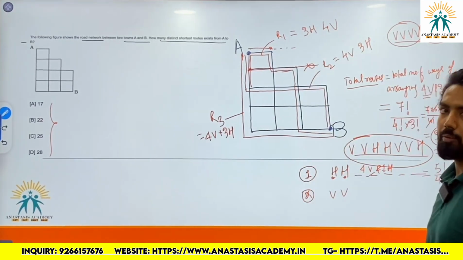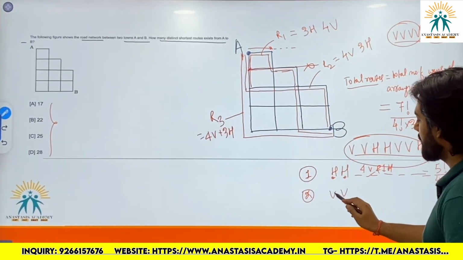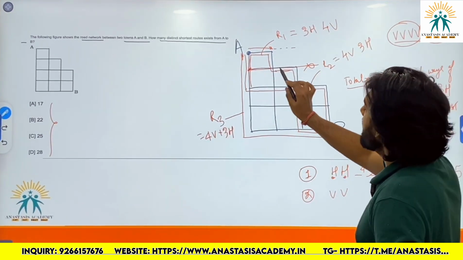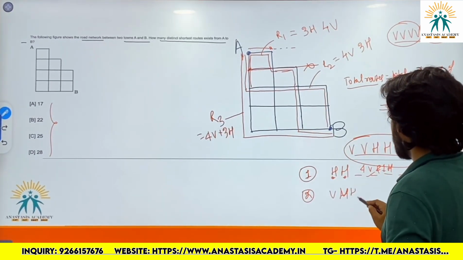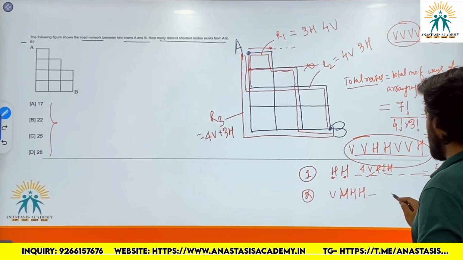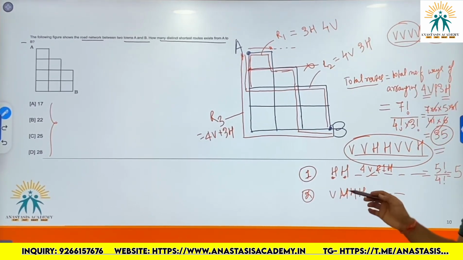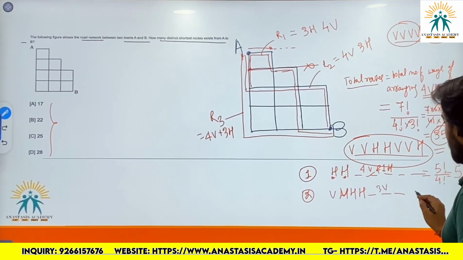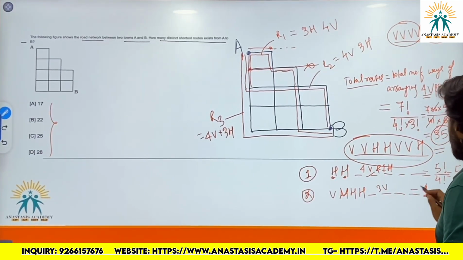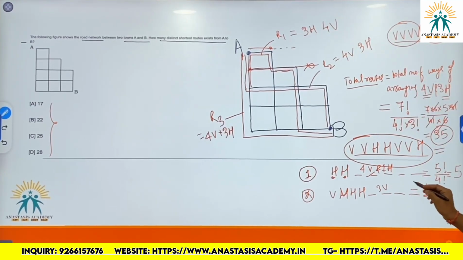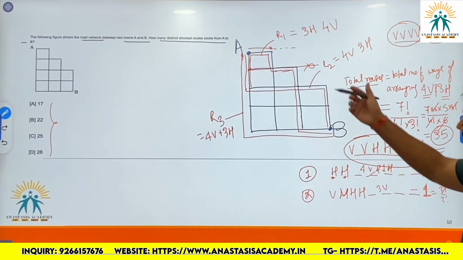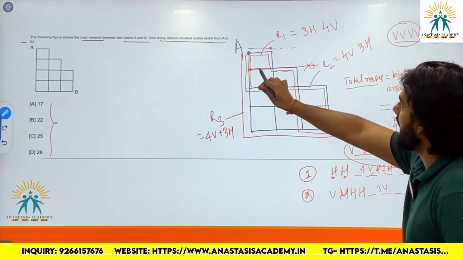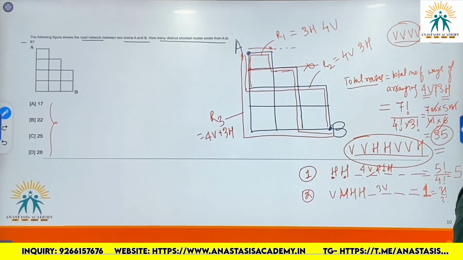So this route is not possible. Now I have to arrange the remaining 3 V's, and only one such route would be there, because arranging 3 identical objects is 3 factorial upon 3 factorial, that is 1. So one such route that does not exist is when A takes 1 vertical step and 3 horizontal steps. This is not possible.